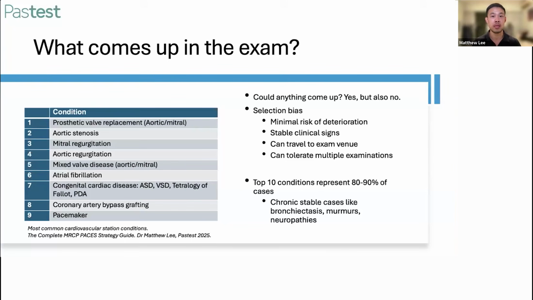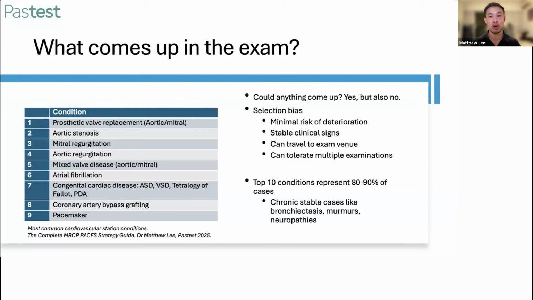You have to remember also that the examiner of each individual station is not going to be a specialist in that respective station. So you're not going to get a neurologist in your neurology station. Generally, I think there are exceptions, but that's generally the RCP guidance. So they're not going to be experts in the specific gene or mutation associated with hereditary spastic paresis or some crazy phenotypical syndrome.